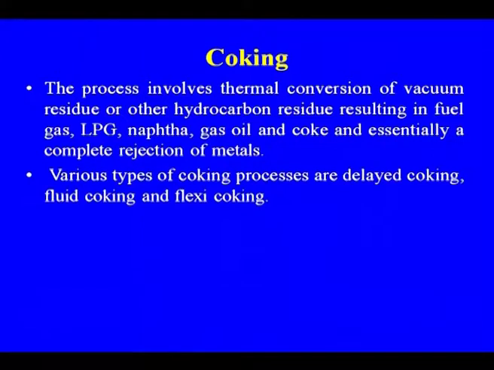The process involves thermal conversion of vacuum residue or other hydrocarbon residue, resulting in these products: fuel gas, LPG, naphtha, which is called the cracked naphtha, gas oil and coke, and essentially a complete rejection of the metals. Various types of the coking process, already I told you, are delayed coking, fluid coking and the flexi coking.